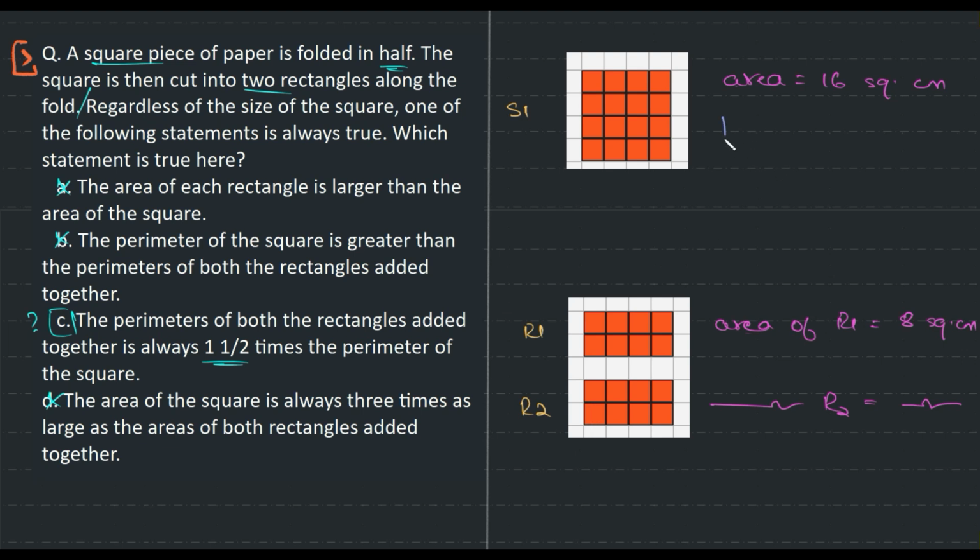Now the question is perimeter. Let's actually look at the perimeter. This is 4, 4, 4, 4. So 4 plus 4 plus 4 plus 4 is 4 into 4, which is 16 centimeter. And let's have a look at this perimeter.